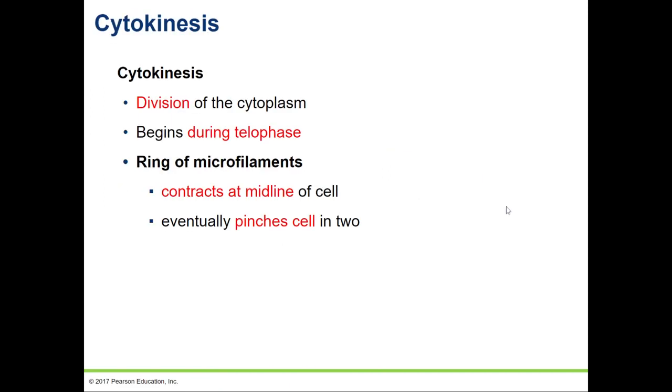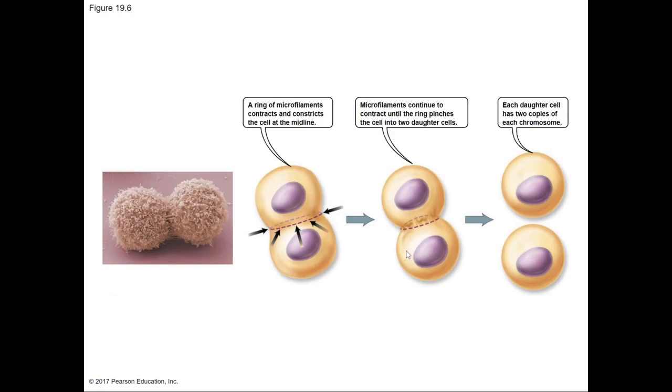So what is cytokinesis? This is specifically the division of the cytoplasm, and it's accomplished in kind of a really cool way. It's like a pinching off. There's a ring of microfilaments, and they contract around the midline of the cell to pinch it off into two cells.